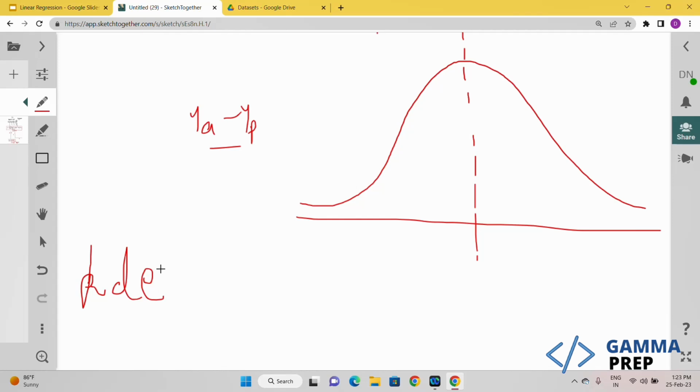That is the fourth assumption. This you can figure out once you have created your model. And then you should figure out, are your errors actually normally distributed, are they related or not? The ideal conditions for linear regression are that the errors should be normally distributed, and the errors should not be correlated to one another.